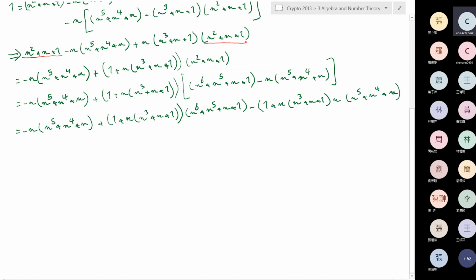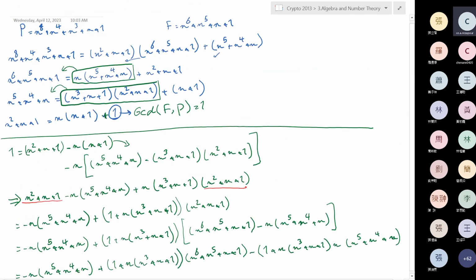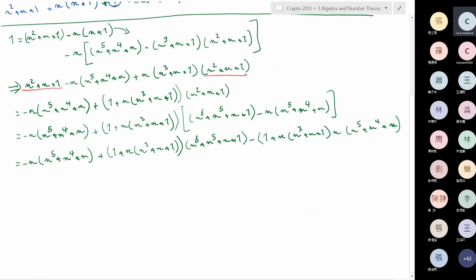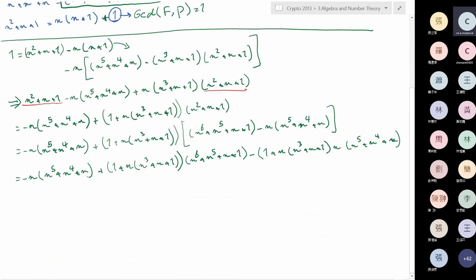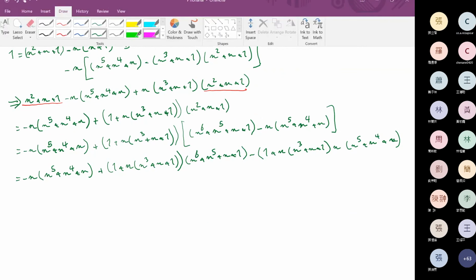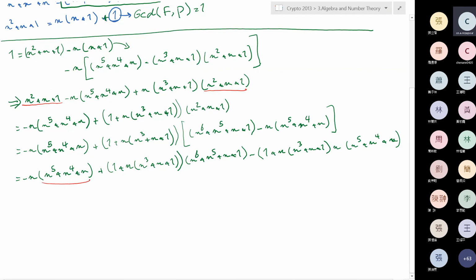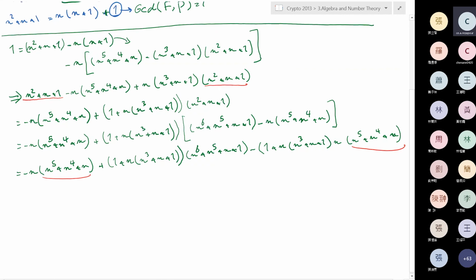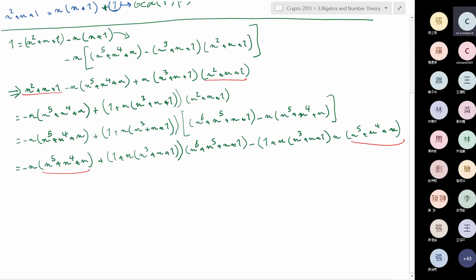All right, so let me go up and see what the next remainder is that I should play with. It is x5 plus x4 plus x. So you need to have it in both sides. So I now need to rewrite this thing. But before I do so, let me also simplify this a little bit.